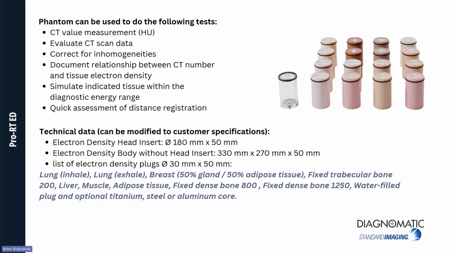It documents the relationship between CT number and tissue electron density to simulate tissue within the diagnostic energy range, and allows a quick assessment of distortion and distance registration.